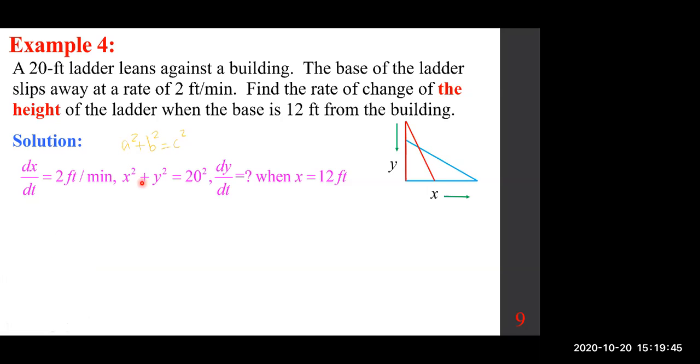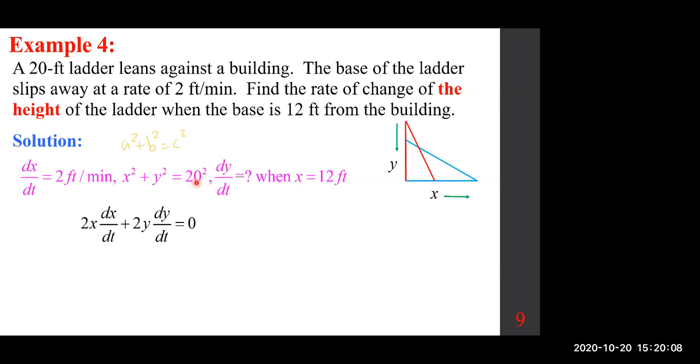Remember, we use the Pythagorean theorem. So x squared gives you 2x dx/dt plus y squared gives you 2y dy/dt, and the right side is a number. It doesn't matter, it's 400 or any other number. Needless to say, everybody knows this is 400. And its derivative is 0.